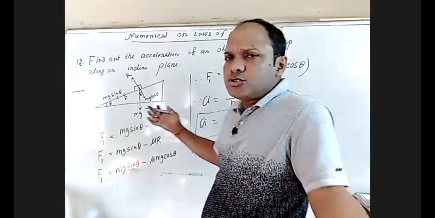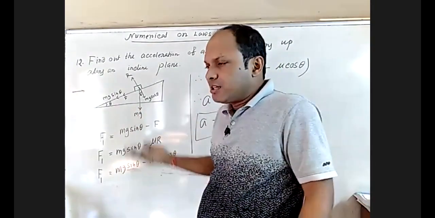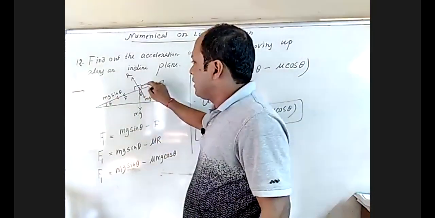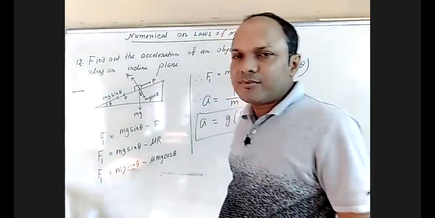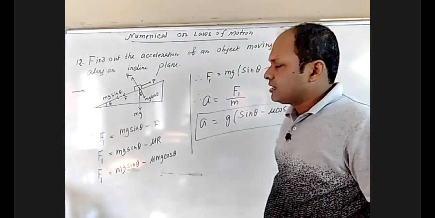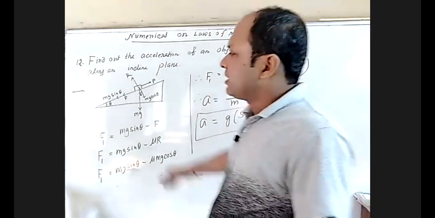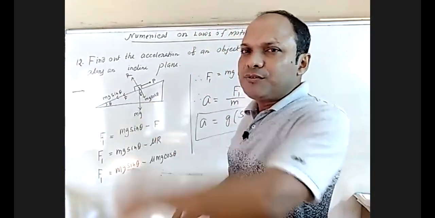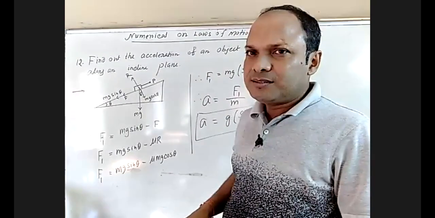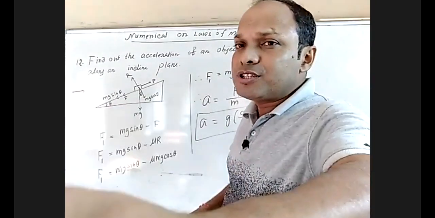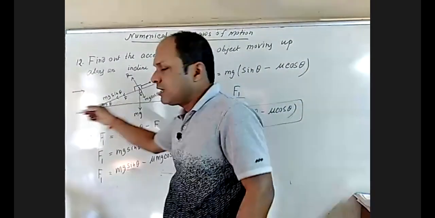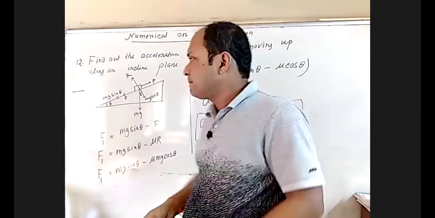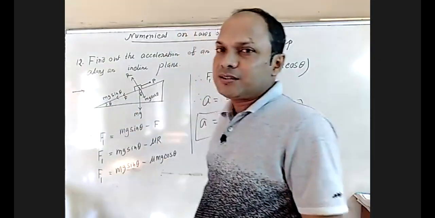Now, what should be the applied force? At first, you have to consider an object moving up along an inclined plane having inclination theta. If the object is moving in the upward direction along the plane, the frictional force will act along the downward direction.